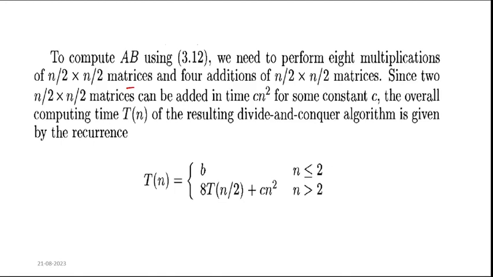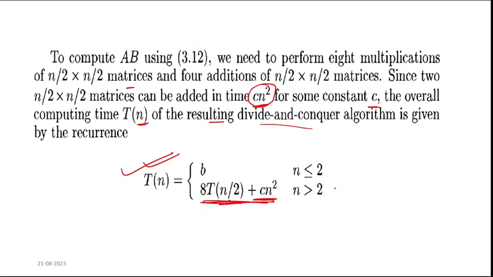Since 2 n by 2 matrices can be added in time c n square, for some constant c, the overall computing time for multiplying matrices in the divide and conquer algorithm is 8 multiplications plus c n square. So this is the scenario.